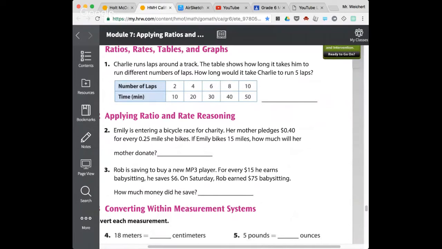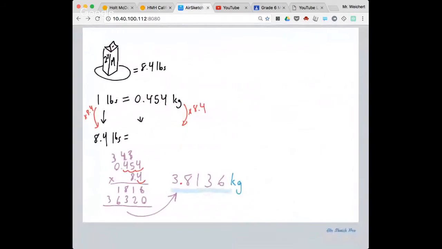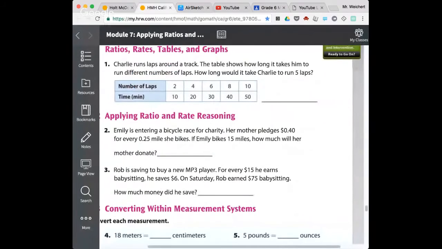And if we wanted to know how much if he ran 5 laps instead of 1, just like what we've been doing, how do we go from there to there? Multiply by 5. So how do we go from here to here? Multiply by 5. 5 times 5, 25. So how long would it take Charlie to run 5 laps? 25 minutes. Make sure we get those units.